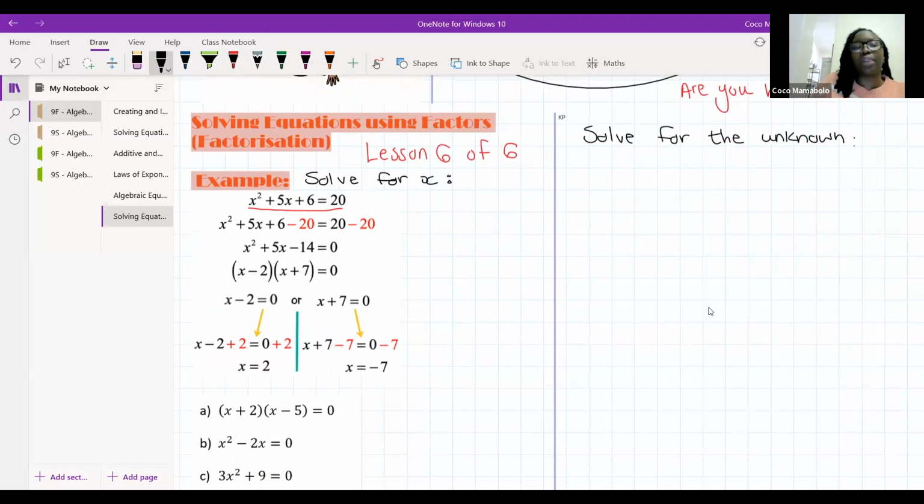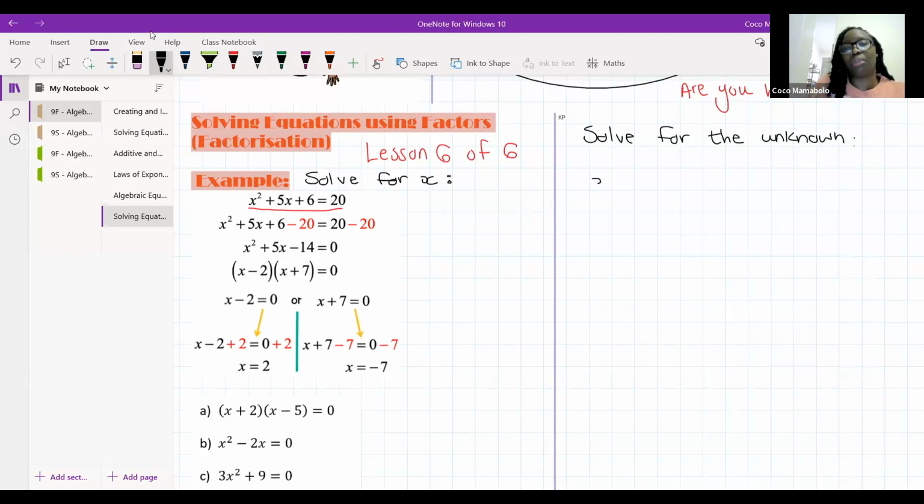Now, the first thing that we're going to do is make sure that whatever we write on this side of the equation is equal to 0. That means anything sitting on the other side needs to go over the equal sign so that we can have 0 on one side.